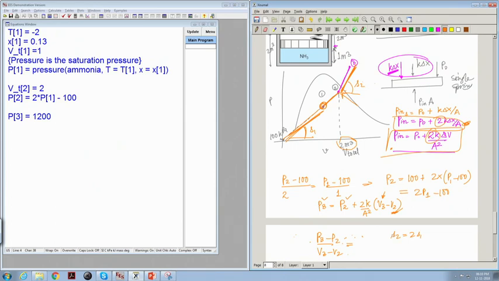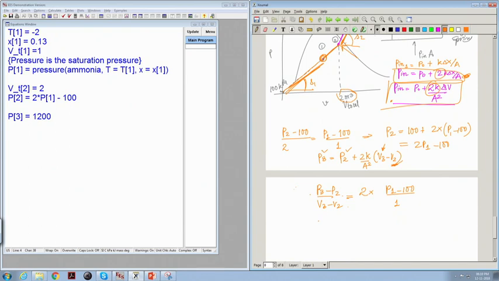So if we do this, we obtain this is equal to twice P1 minus 100 by V1 minus 0. So V1 was 1, and with the help of this we know V3 minus V2 is equal to P3 minus P2 by P1 minus 100 times 1 by 2, which implies V3 that we actually want is equal to V2 plus P3 minus P2 by P1 minus 100 times half.